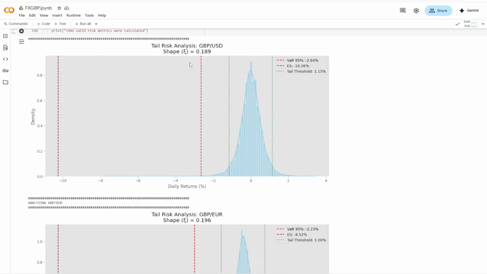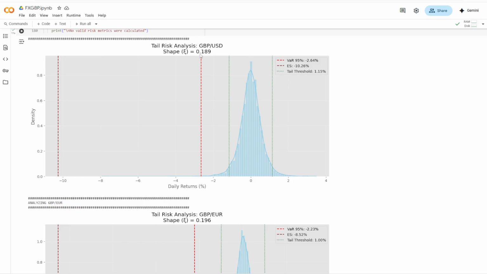So above or beyond plus or minus 1.15%, you are talking about daily returns of pound dollar which are in the tail of the Gaussian distribution, and the probability that you have daily returns above 1.15% is a very, very small probability. It goes from 5 to 0.0 something. It's a very small probability, but nevertheless you have to account for it.